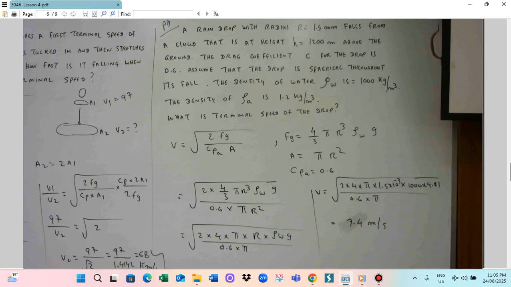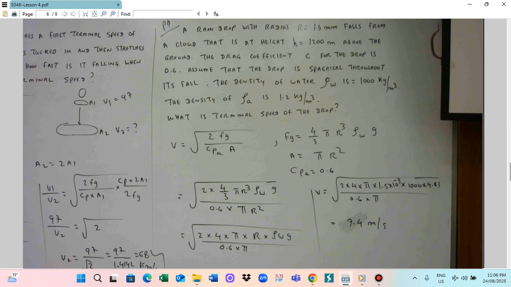Those things you substitute. So now that we substitute here, it becomes square root of 2 and FG we can substitute 4/3 pi R cubed rho W into G, divided by C rho A, which is 0.6, multiplied with A, which is pi into R squared. So this one we can substitute.